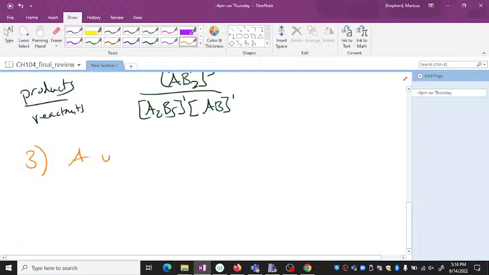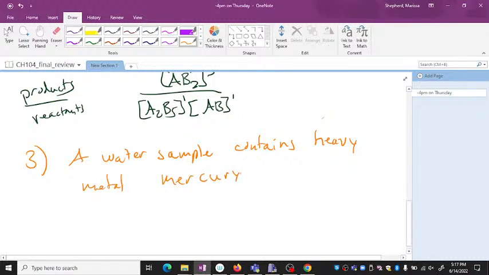So a water sample contains the heavy metal mercury with a concentration of 10 parts per billion, and that's by mass.